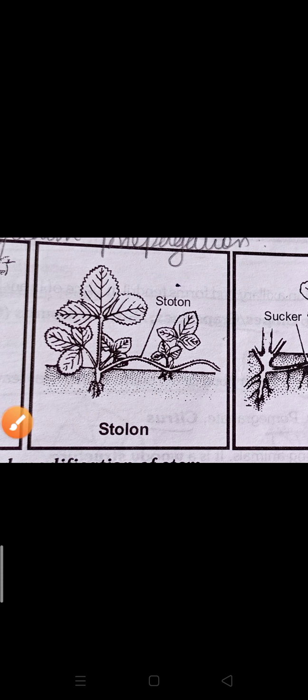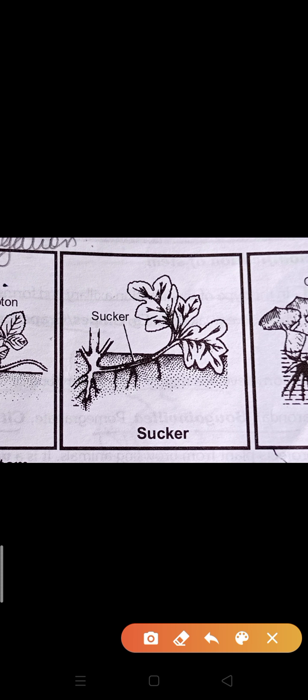Okay, now the third one is sucker. Suckers are basically present in mint. Mint is also generally grown in our gardens. Those who have a garden can see mint there. Pudina. Clear? In mint, in pineapple, and in banana, you can observe such suckers. What happens in this? The main stem grows in the soil, but branches develop from nodes and come out from the soil.